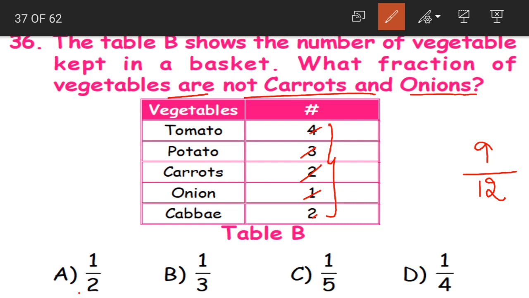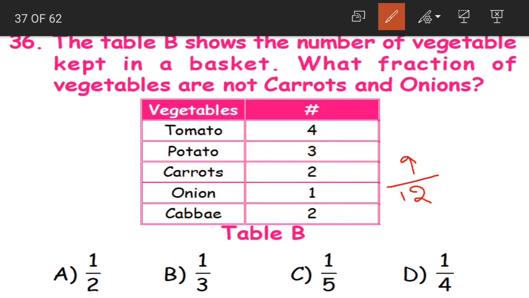Okay. And now if we look again, the given options do not have 9 by 12. So we should go for finding our equivalent fraction. Now let me write 9 by 12 here. Is 9 divisible by 2? No. Is 9 divisible by 3? Yes. And 12 is also divisible by 3.